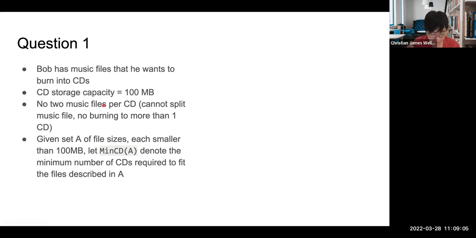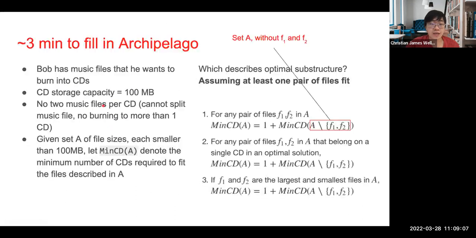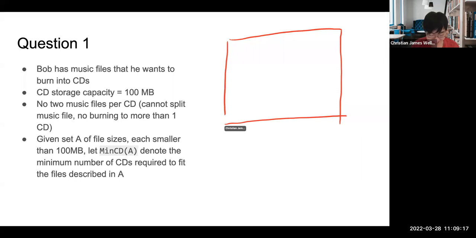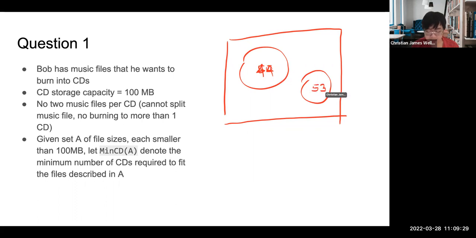Let me just draw it out now. Let's say I have a CD, right? To be consistent, the diagram I have later will have a rectangular CD. So this is a music file, and this is another music file. Maybe this is 50, and maybe this is 44 and this is 53.